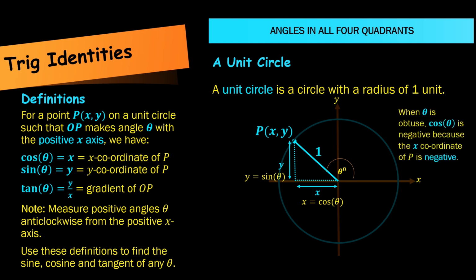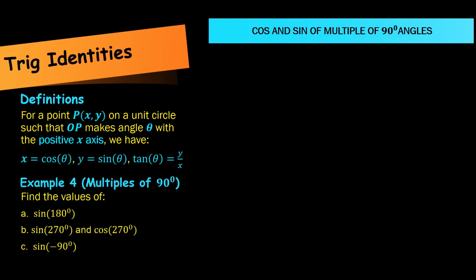When theta is obtuse, cos theta, however, is negative because the x-coordinate of P is negative. Let's now take a look at an example. Pause the video and have a go. Press play when you're ready to view the solutions.